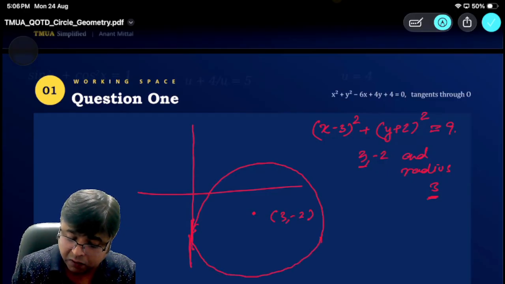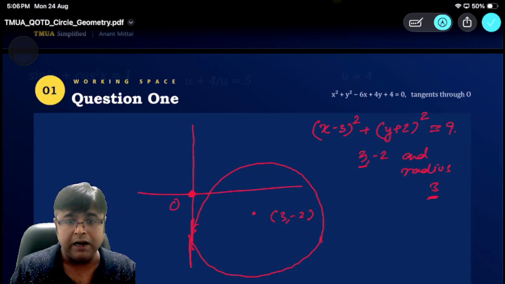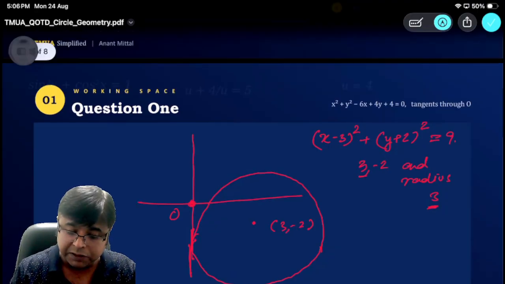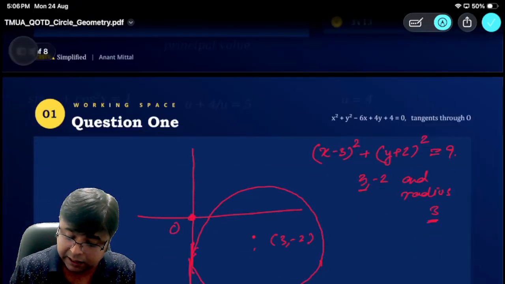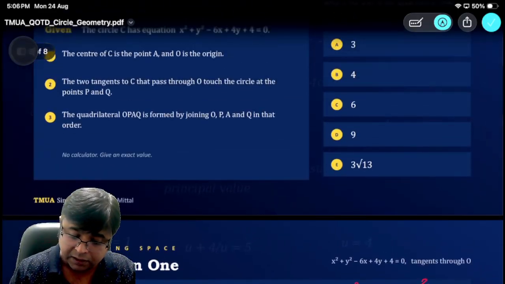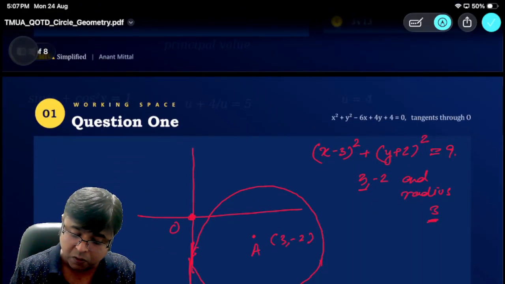So very easily now, they're saying O is the origin and the center of C is A. The two tangents to C that pass through O touch the circle at P and Q. Okay.